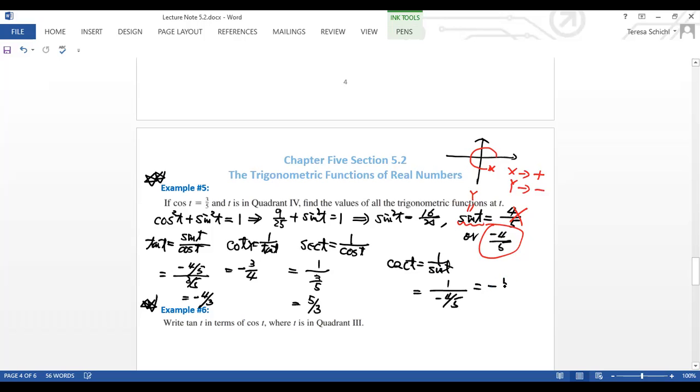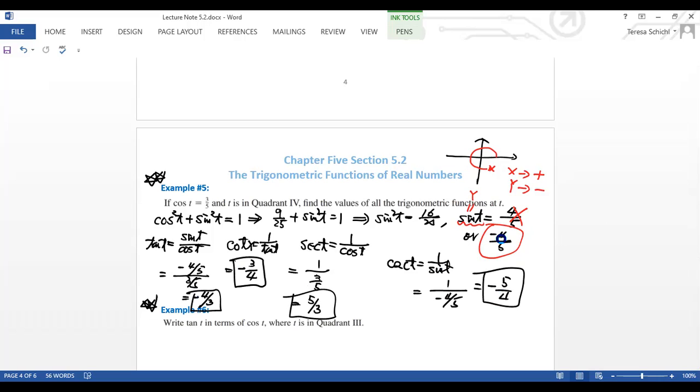So what is the answer? -5/4, right? So those are my 6 trig functions. I would say, as long as you get the first, sine and cosine, you can get all the others, okay? Okay, so now let's take a look.